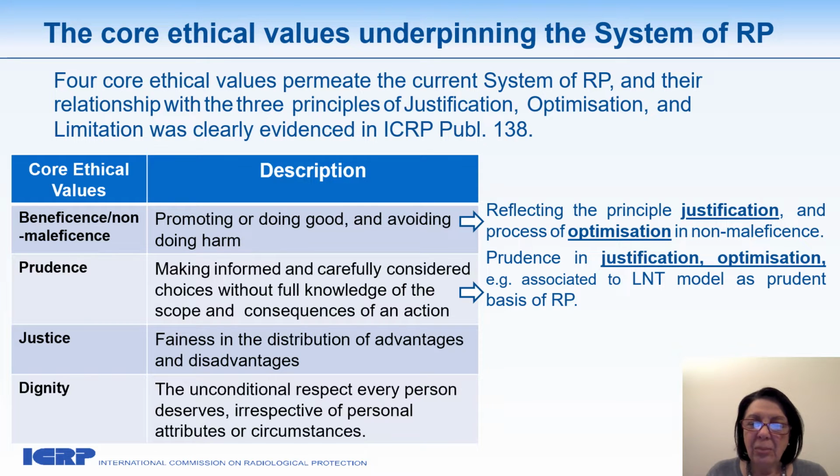Now we are looking at this relationship of the core ethical values with the three principles related to the medical field, but with attention to the fact that we are dedicated to the patient, and so only justification and optimization, and not taking care of limitation.